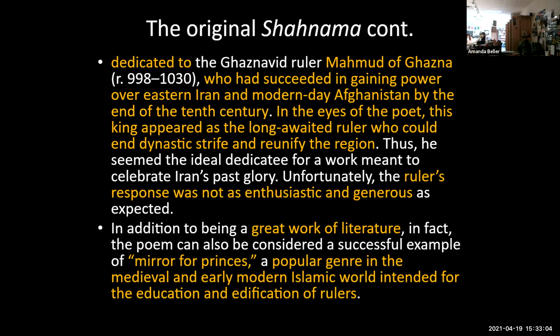Okay, down here, we already talked about that part. A mirror for princes. What this means is that even though at first the Shahnameh story, the poem, whatever, is not accepted, over time it becomes really important to their culture. And every king, as I mentioned, would have one made to show his authentication.